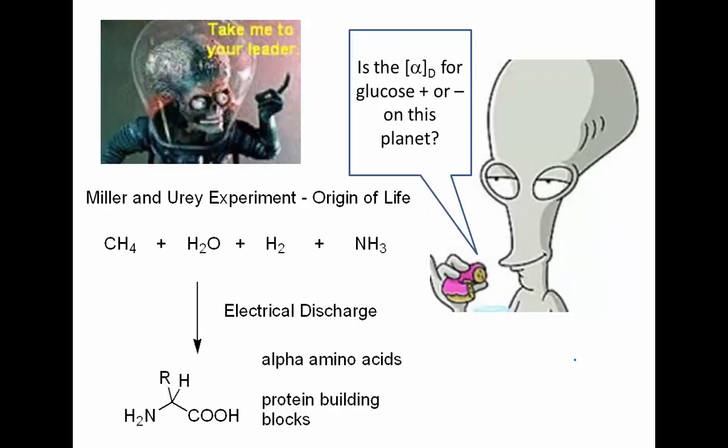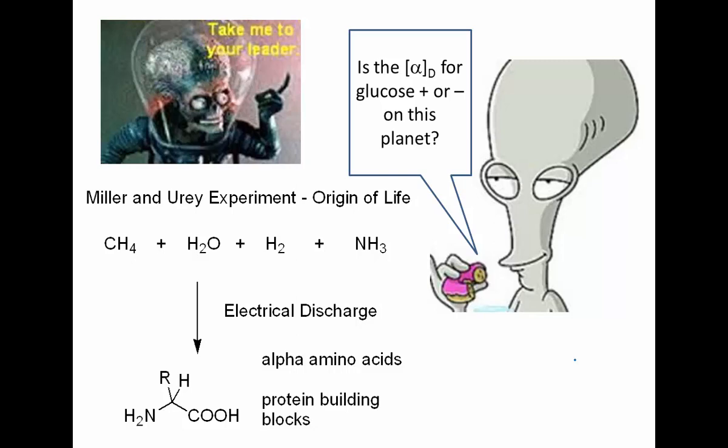Okay, chirality has a lot of interesting implications for the origin of life. So this is actually a Nobel Prize winning experiment from many years ago. Miller and Urey did an electrical discharge in a simulated primitive Earth atmosphere of methane, water, hydrogen, and ammonia, and were able to generate many of the alpha amino acids, which are protein building blocks.